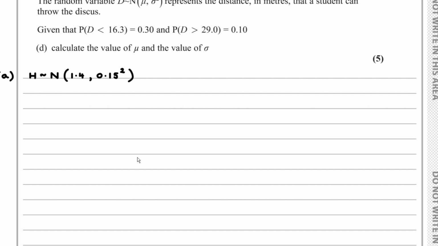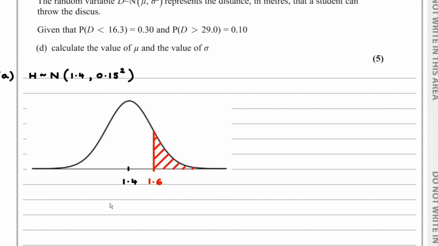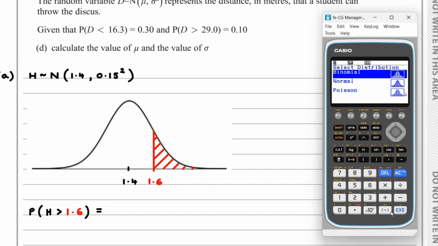Now what we need to do in this question is find the proportion of these students achieving a height of more than 1.6 meters. We can show this in a diagram like so. So what we are finding is the probability that h is greater than 1.6. If we go to the distribution submenu on our calculator, we have a normal distribution. The type we have is x is greater than, so we click F3.